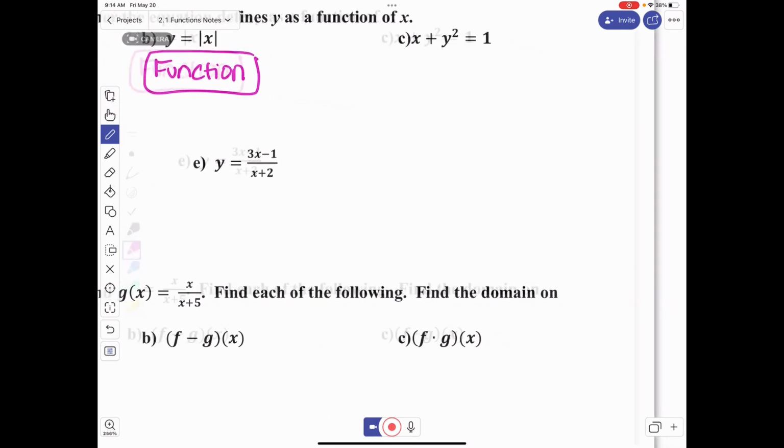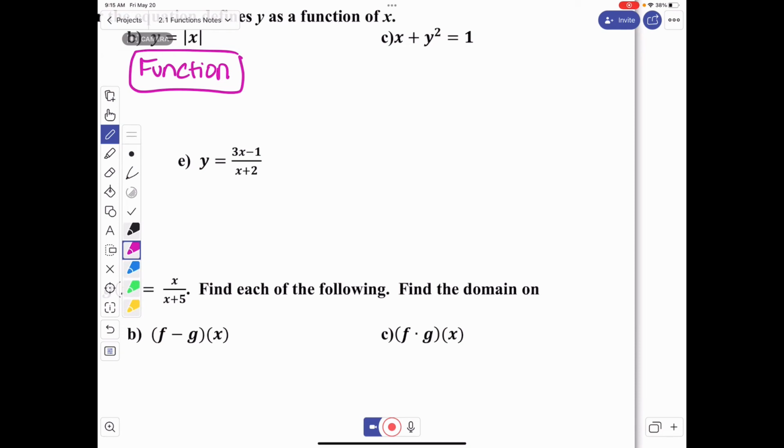Now, on C, we have a y squared. Now, y is not by itself. One thing we can do here is plug in a 0 for x. So if I plug in 0 for x, that just gives me y squared equals 1. Well, to get rid of the square, I take the square root of it. And remember, when we take the square root, that gives me a plus or minus.